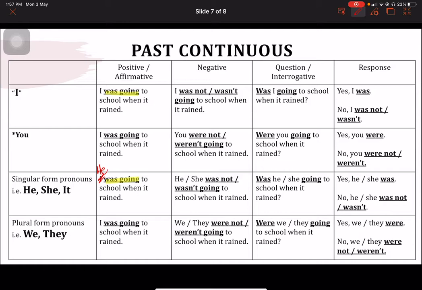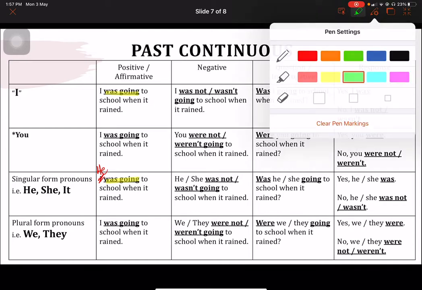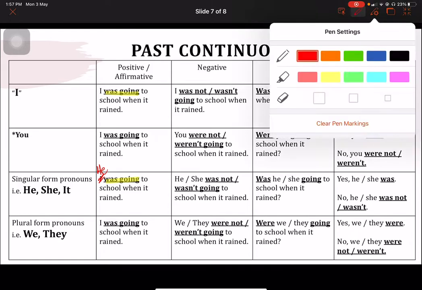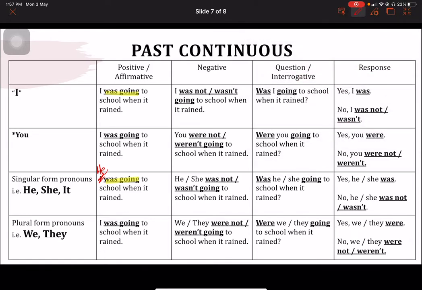What about the plural form pronouns? We were going to school when it rained. What about you? It becomes you were: you were going to school when it rained.